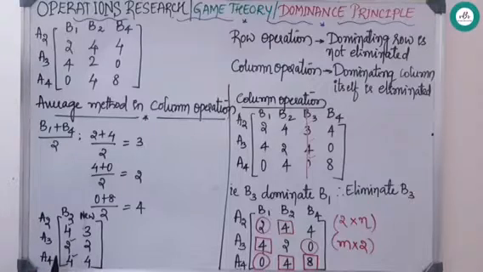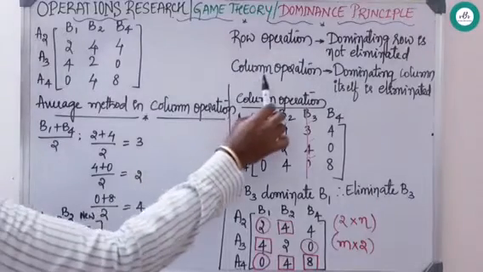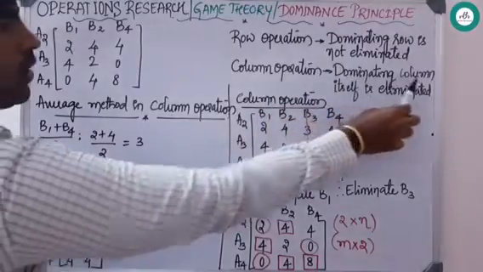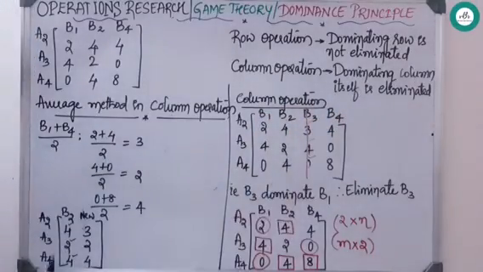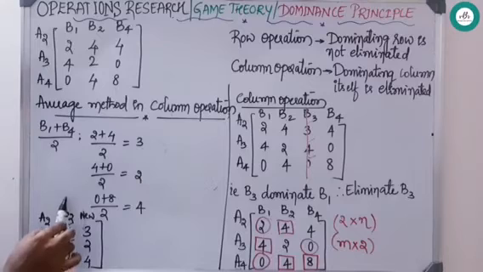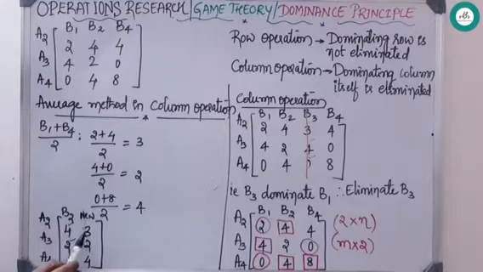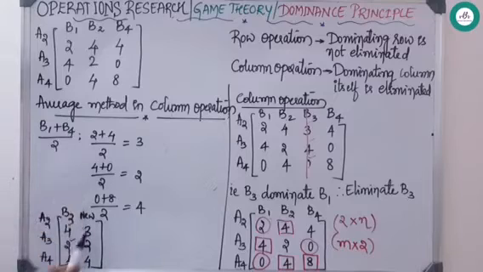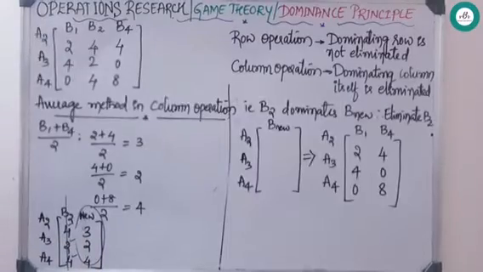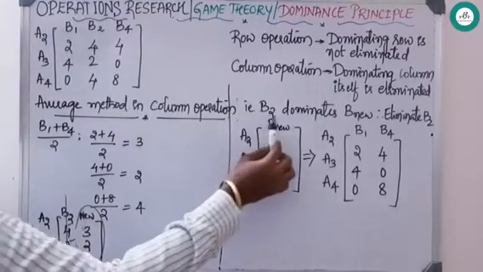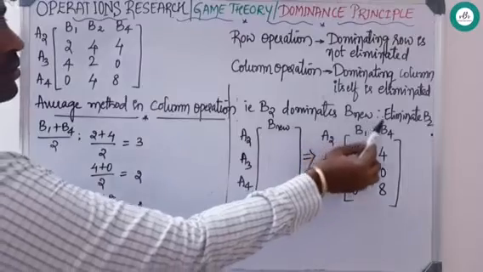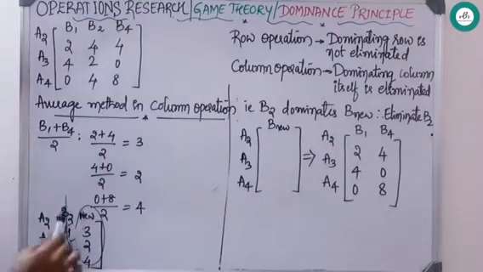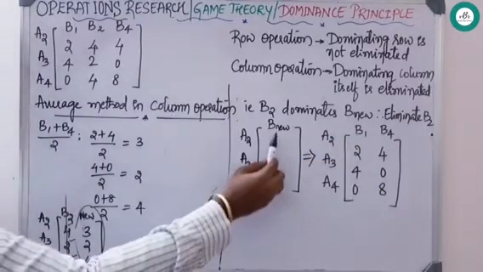From this it is clear that in the column operation, the dominating column itself is eliminated. This particular column can be eliminated because it is not the new one, which is a combination of two columns. So B2 dominates B new, eliminate B2. Eliminating B2, we have landed up with B new.